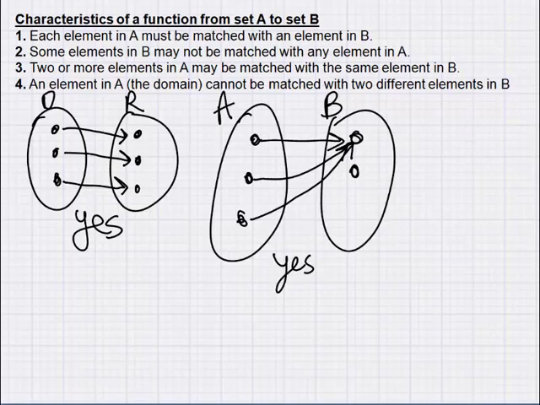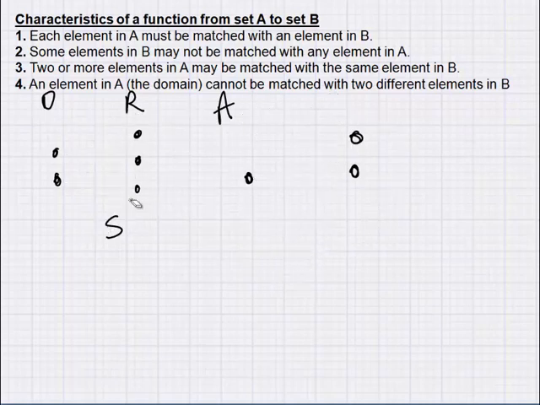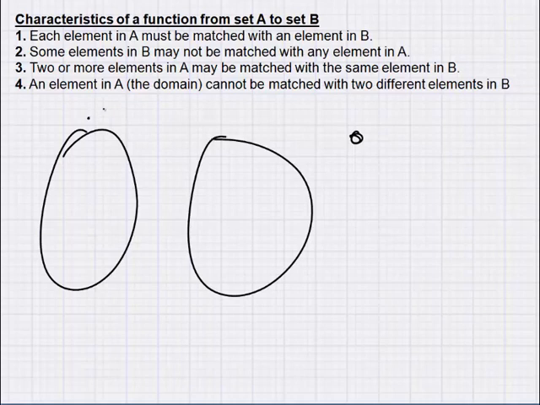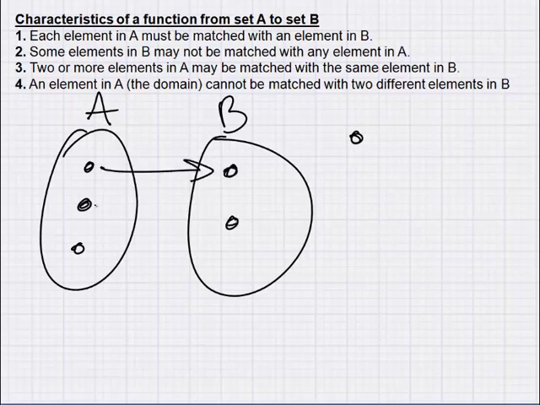Alright, so let's look at something where it doesn't work out. Here's set A, here's set B. A elements, B elements. This one gets matched here, this one gets matched here, and this one gets matched here. But then let's go back to the first one and say that one also gets matched here.